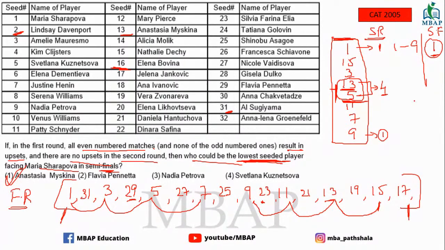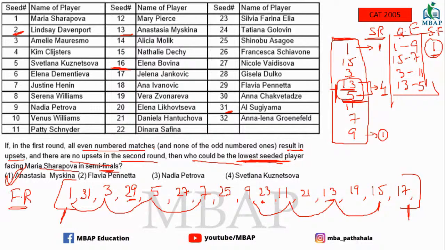Because if I have to make quarterfinals, it is going to be 1 playing 9. Let me put the sequence here of quarterfinals. So 1 plays 9, then 15 would play 7, 3 would play 11, and 13 would play 5, right? These are the 4 matches for quarterfinals.